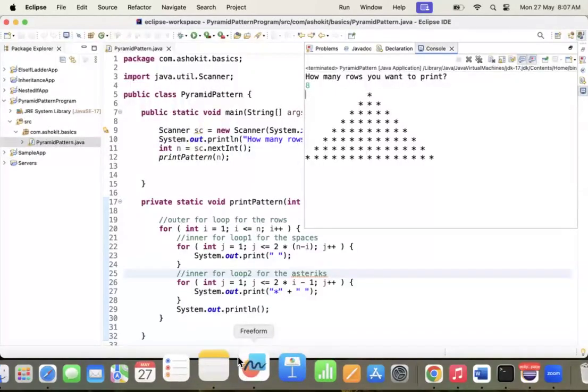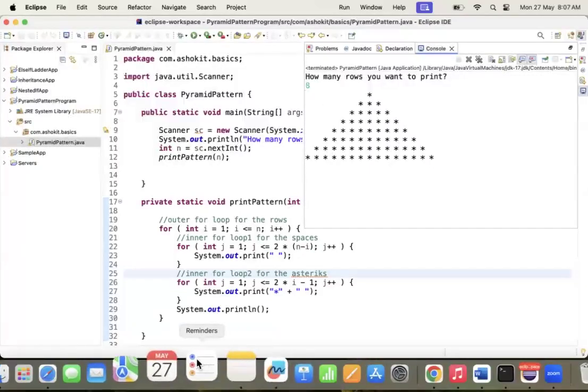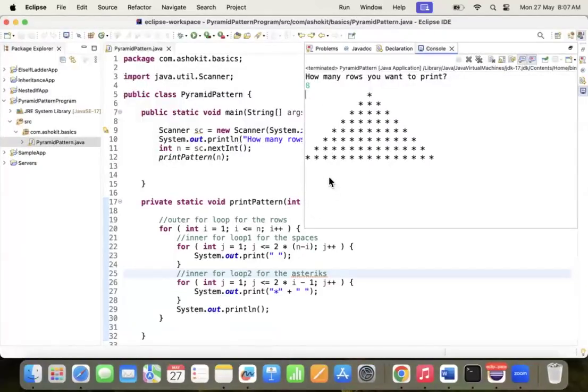Sir, I have one question, sir. Sure. Sir, can we print the pattern without using a method? Actually, without a method in this class, just like you have used the private static void print pattern method. No, not possible.